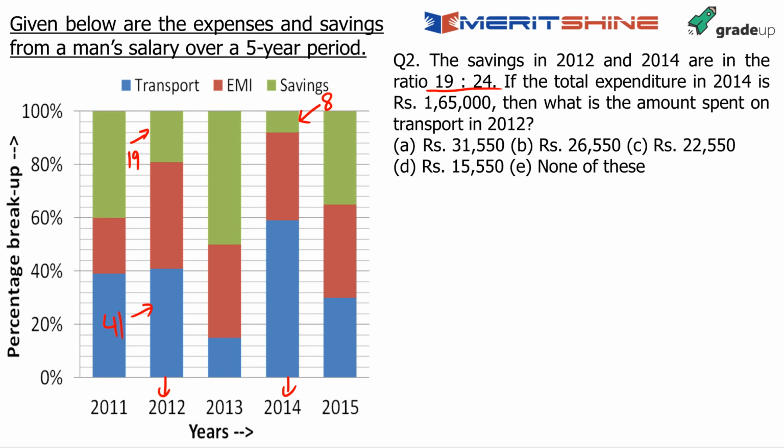I am really happy. It's not as complicated as the previous problem. It's relatively much simpler, but I would still be interested in understanding your approach. D, no. The answer I'm already telling you. If my memory serves me right, answer should be C for this question. It's 22,550. Just look at your calculation again.